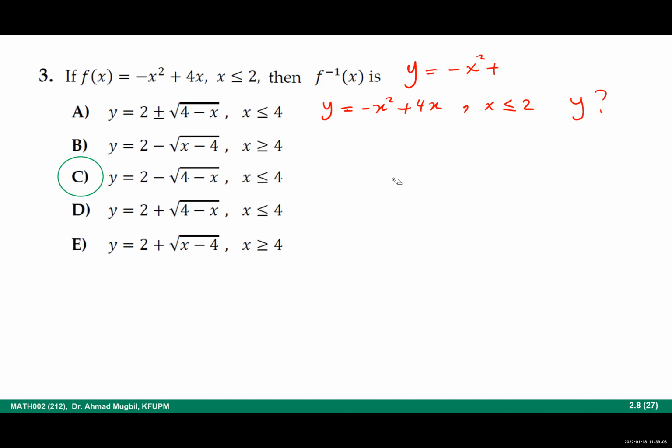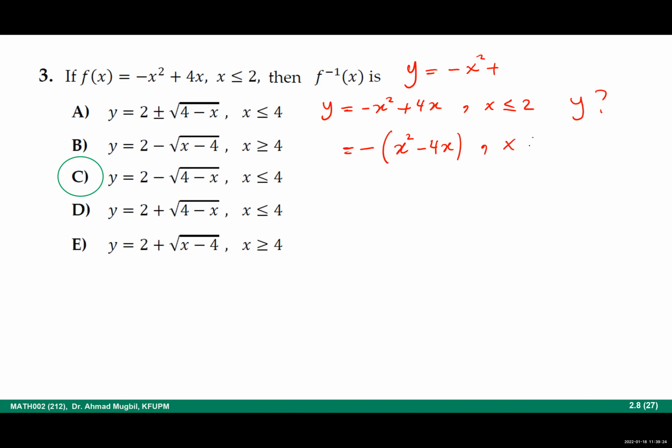So look here and learn from what we are going to do. If you want to complete the square, the coefficient of x squared must be positive 1. So we will take negative as a common factor and open brackets. I saw many of you did that. This is step number 1.